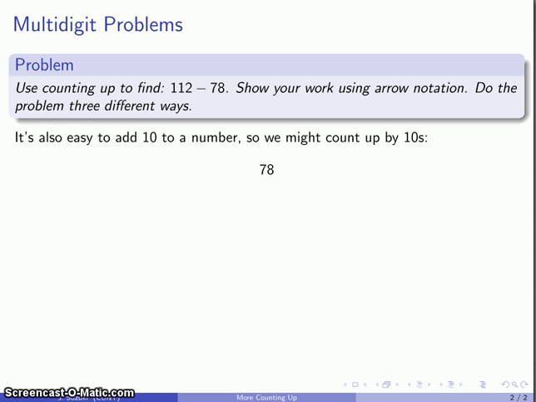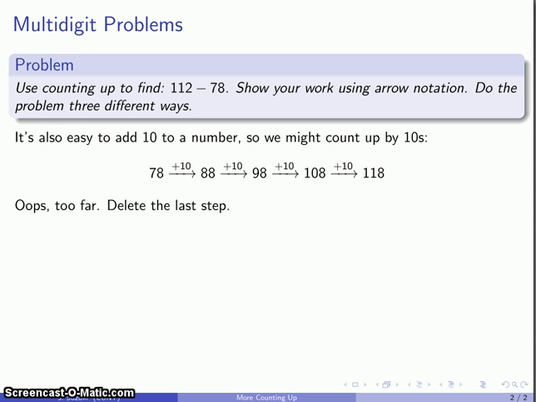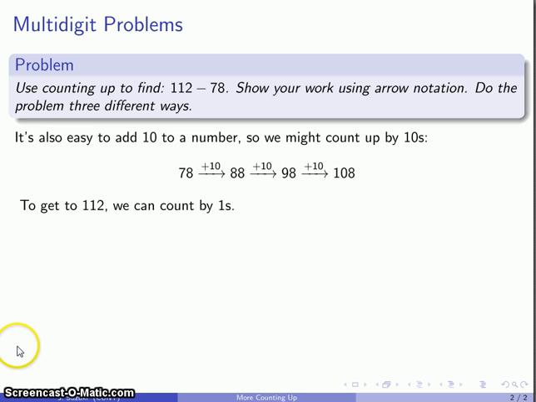So again, we start at 78, and I'll go up by 10, and again, and again, and again, and, well, oh wait, actually that's too far. Remember, I only wanted to get up to 112, so that last 10 is a little bit too far. Let's get rid of that last step. So we'll take that out, and again I want to get to 112, so at this point I have to slow down a little bit and start counting by ones.